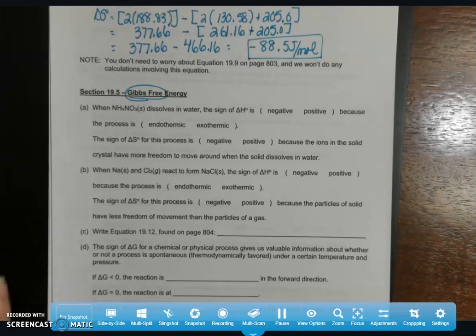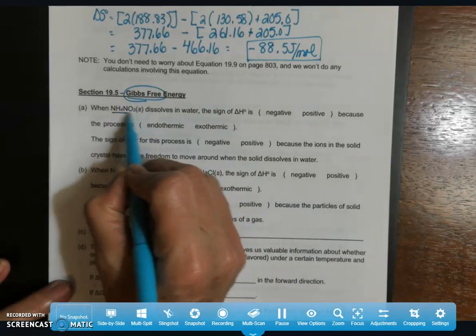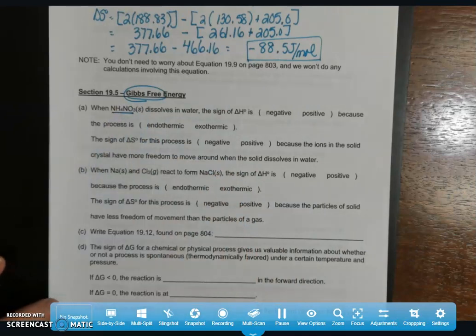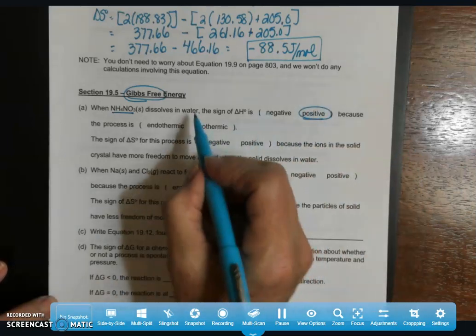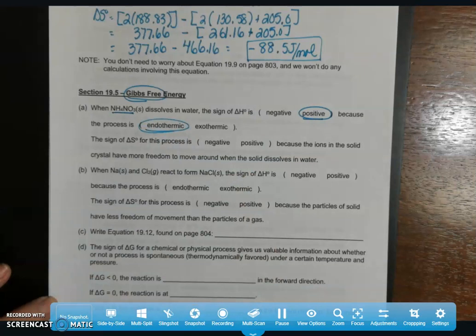All right, so let's start from where we left off, which is enthalpy and entropy. Now, when I dissolve ammonium nitrate, remember we talked about how this was an endothermic process, which is unusual. The sign of delta H is positive because it is endothermic.